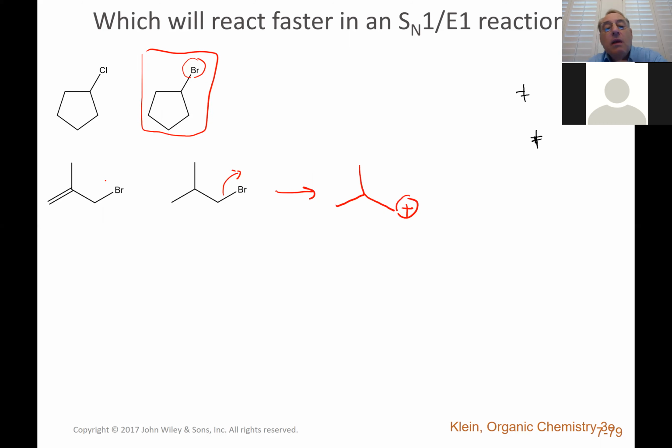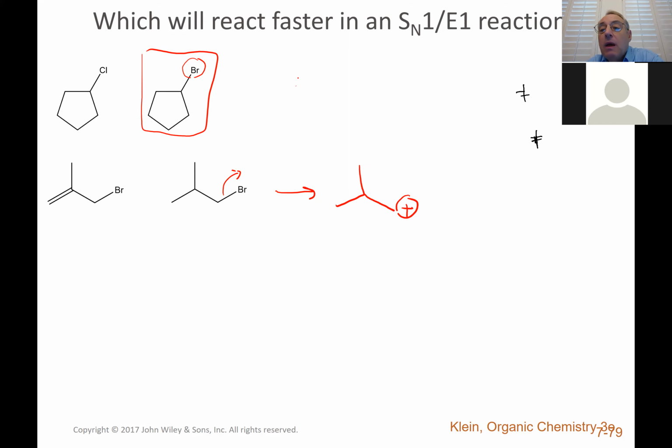And so the rate of leaving, bromide is a weaker base than chloride. It's a better leaving group. You can just remember it as being a better leaving group. And so that bond will break more easily and the reaction will be faster. Okay, I hope that answers your question.